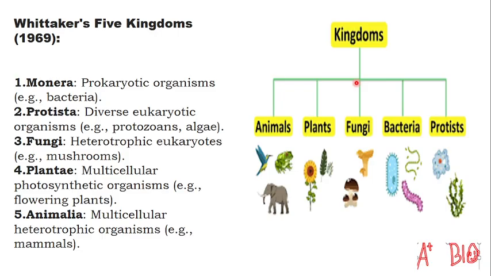So when you say plant, animal and fungi, all of them are eukaryotic and multicellular. While the Monera are prokaryotic and unicellular. Protista are in between: they can be multicellular or unicellular, but they are usually eukaryotes. I hope you are understanding everything here.